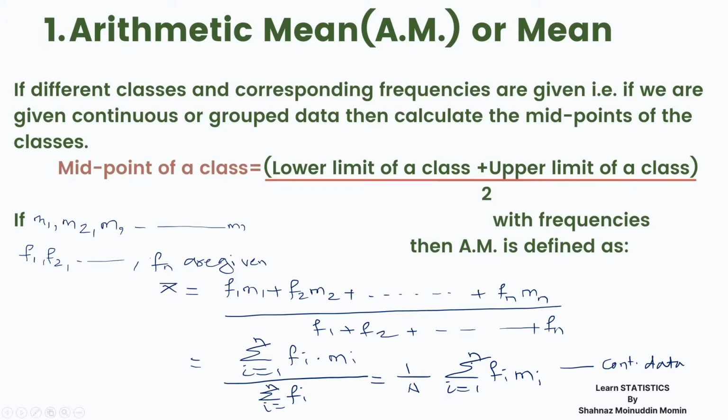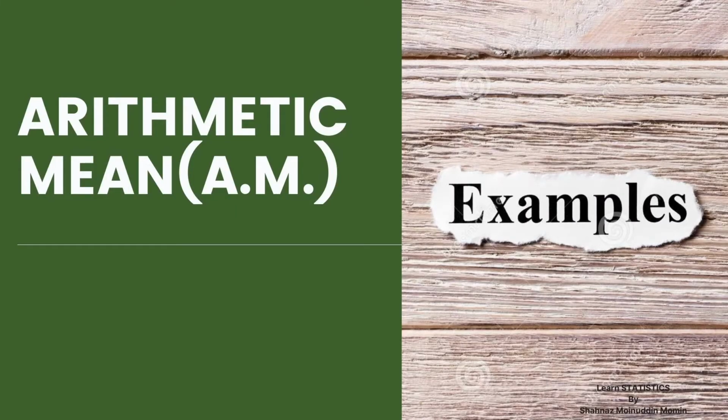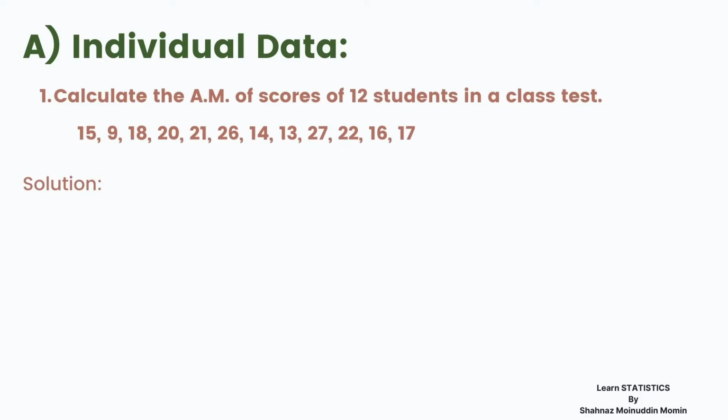Now to understand all these formulae, let us see examples on arithmetic mean. Consider the first example for individual data. Calculate the arithmetic mean of scores of 12 students in a class test.